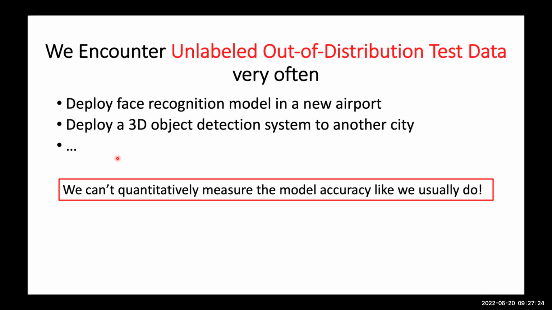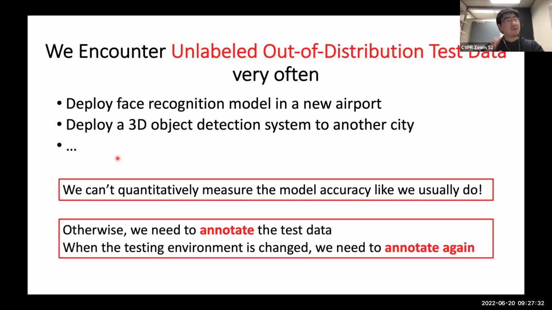In these scenarios, we can't quantitatively measure the model accuracy like we usually do. And if we want to measure the model accuracy, we usually have to annotate the test data. But the test environment keeps changing, so we need to annotate data again and again. That's very expensive to do. So this is the problem that we are looking at.